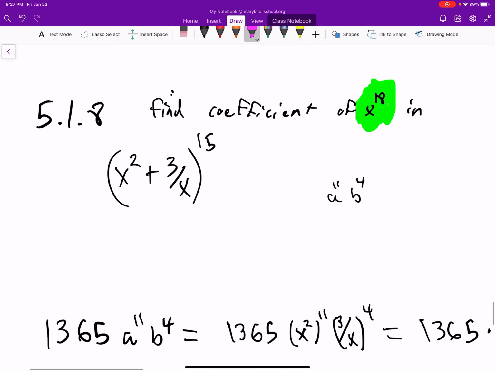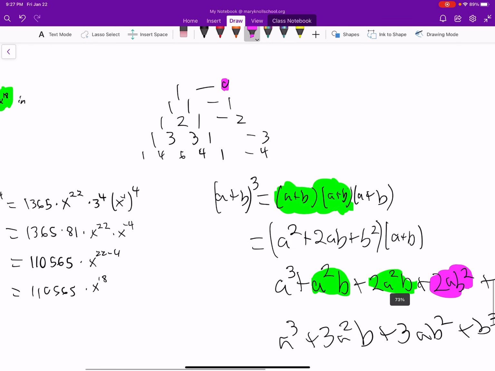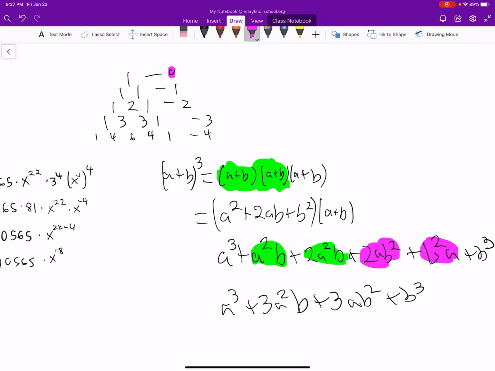So now we just have to think, which one is that going to be? Which one is that going to be that has x to the 18th power? Now, if you look over here again, notice the powers go for the a: 3, 2, 1, 0, right?